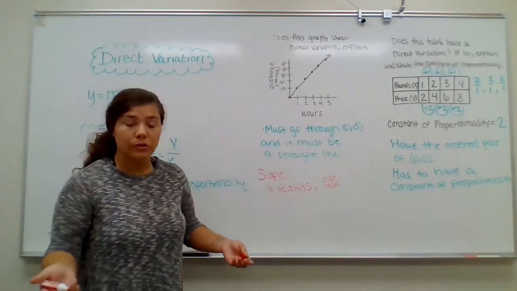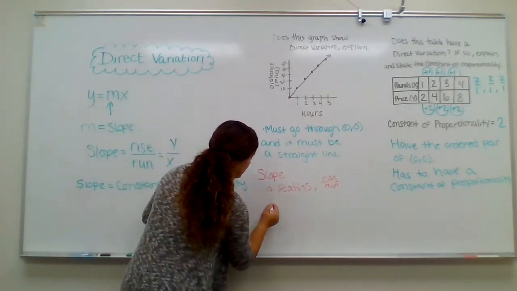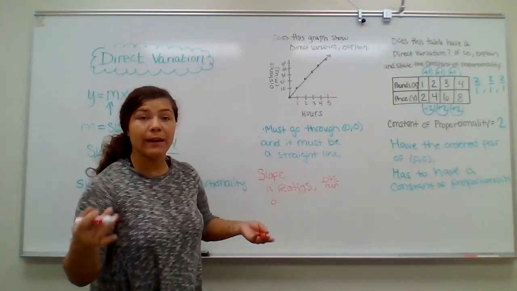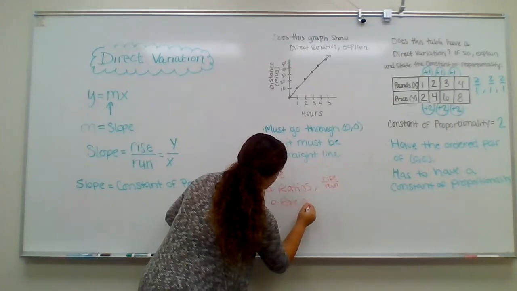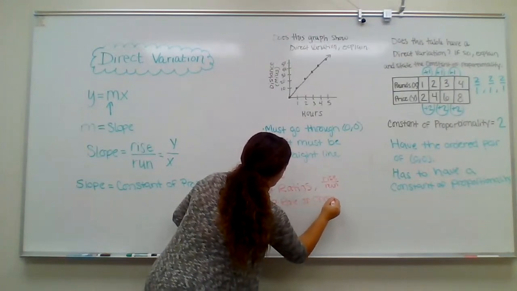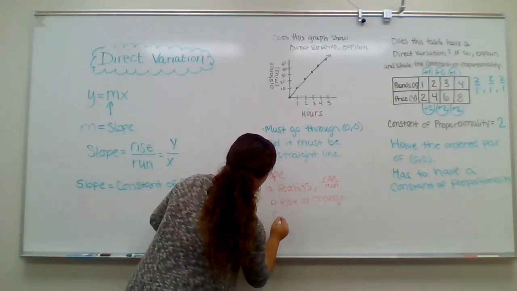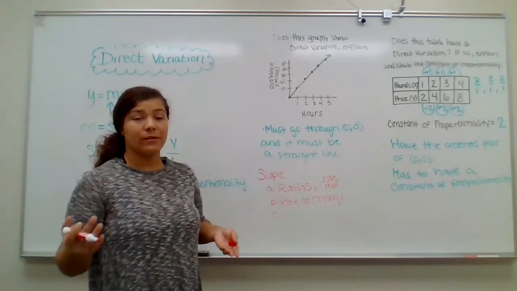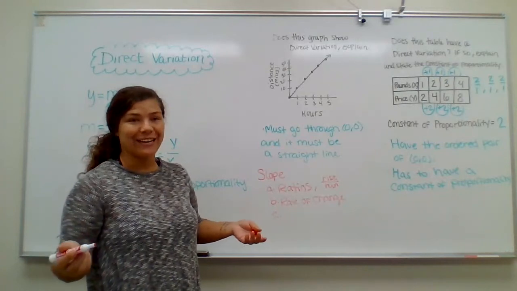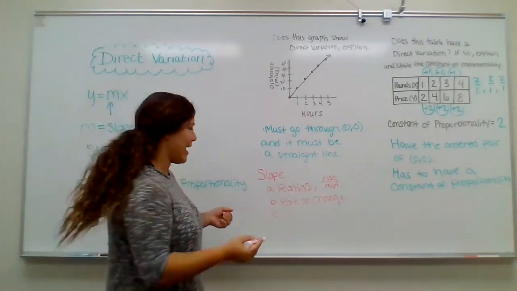We also know slope as the rate of change, and last but not least, guys, we know it as what we learned today with direct variation, the constant of proportionality.